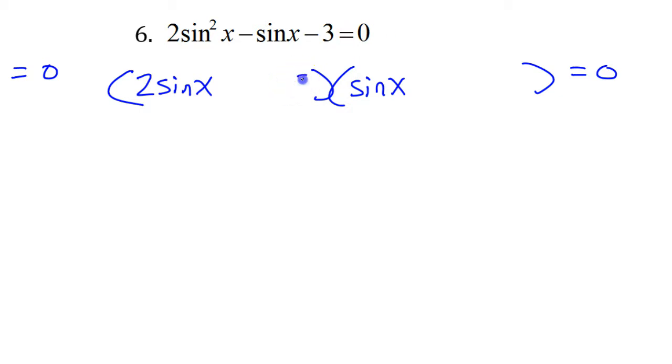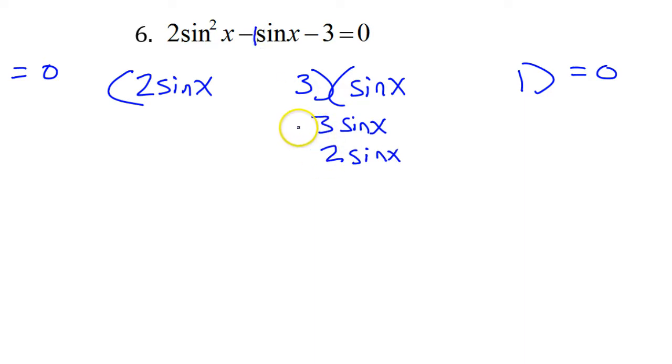Now it matters whether the 3 goes here and the 1 goes here, or vice versa. The way I know which one works: inner plus outer must equal the middle. So inner, I have 3 sine x. Outer, talking about these two, that's 2 sine x. Now the middle is negative 1 sine x.